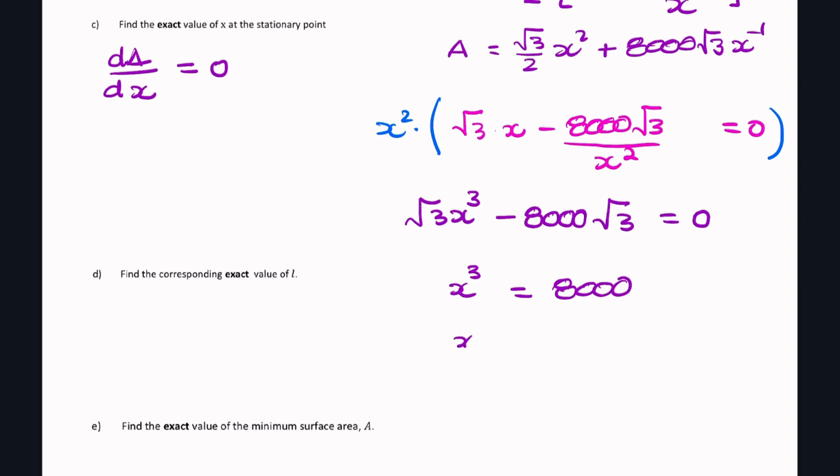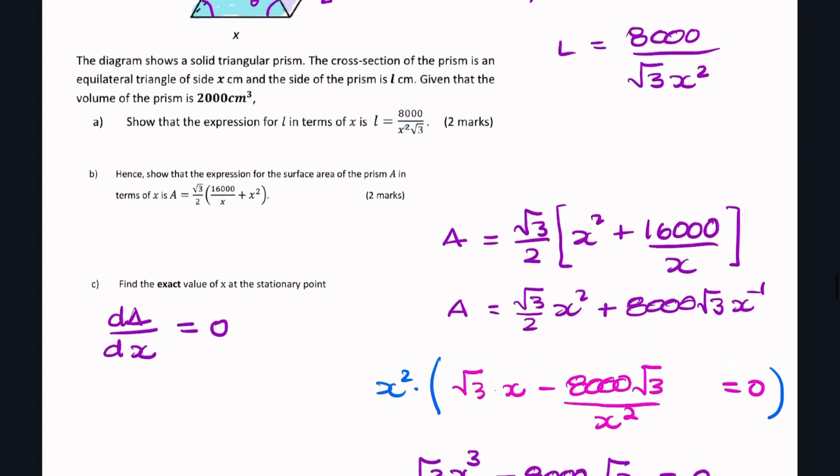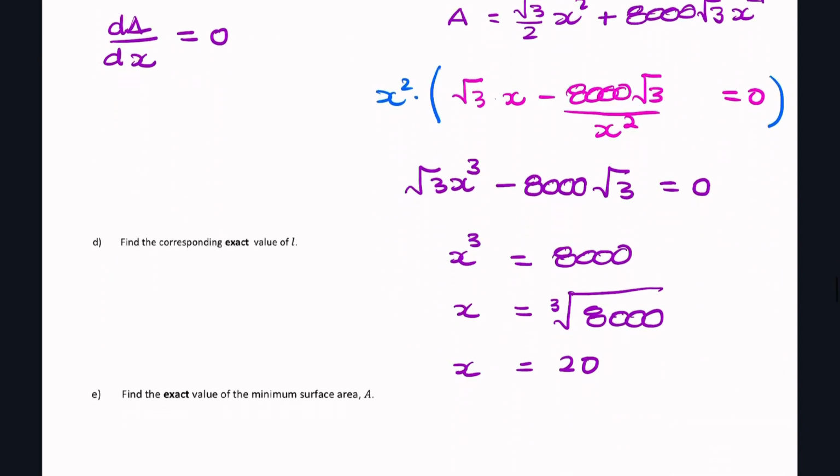So x is the cube root of 8,000. So the cube root of 1,000 is 10, the cube root of 8 is 2, so it looks like x is equal to 20. Now, because we're dealing with centimeters here, this will be 20 centimeters.